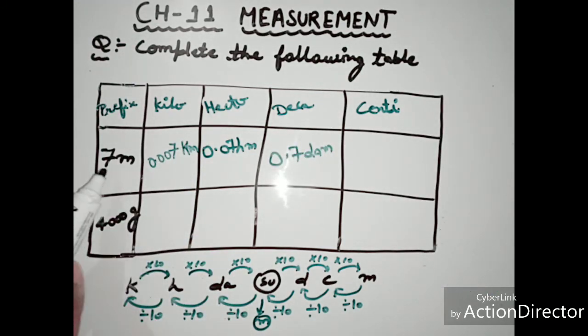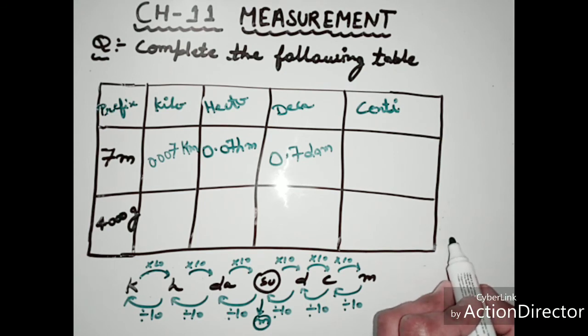Now we convert 7 meter to centimeter. First we check how many centimeters in 1 meter. So meter is here and centimeter is here.